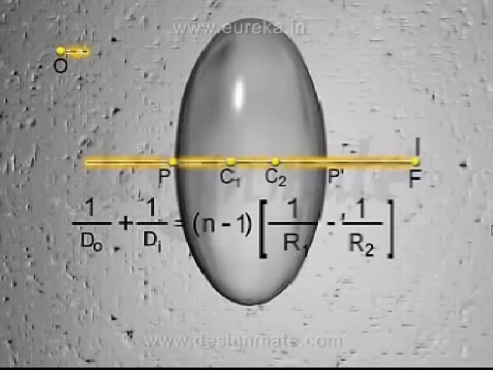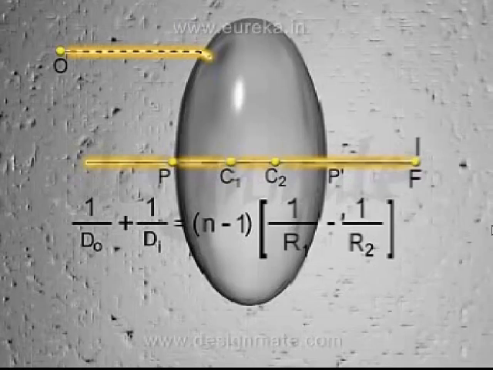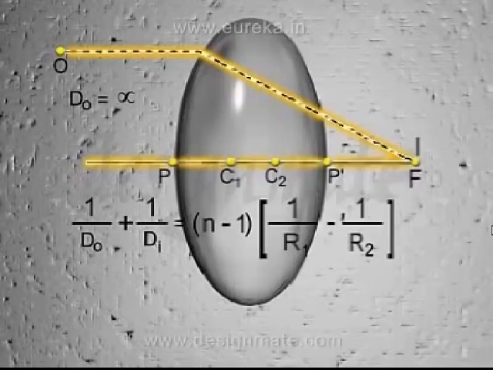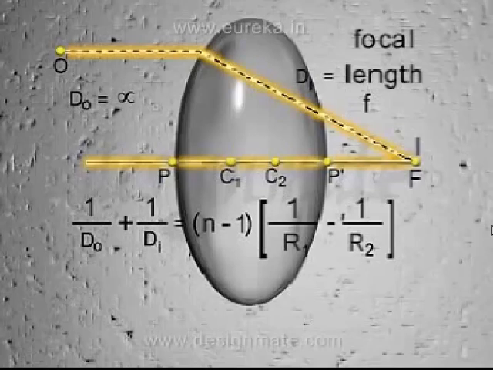Now, if we take the object at infinite distance, then the parallel rays of light coming from it will be refracted by the lens. An image is formed at the principal focus of the lens. Thus, when DO is equal to infinite, DI is equal to focal length f.